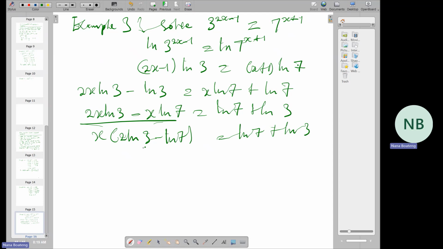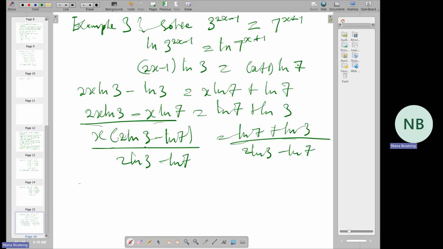And so we can divide both sides by 2 natural log of 3 minus natural log of 7. Okay, so x is equal to the natural log of 7 plus the natural log of 3 divided by 2 log of 3 minus the log of 7.